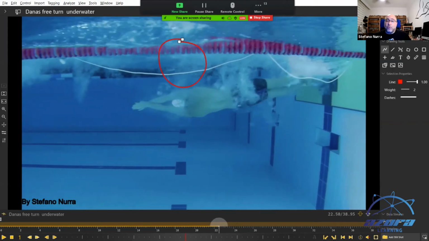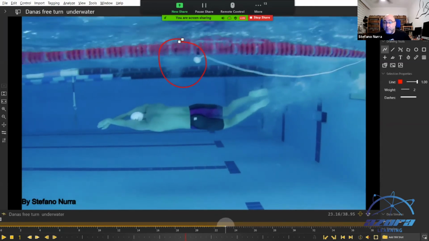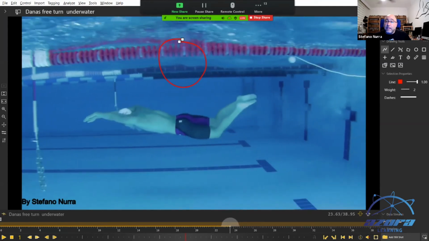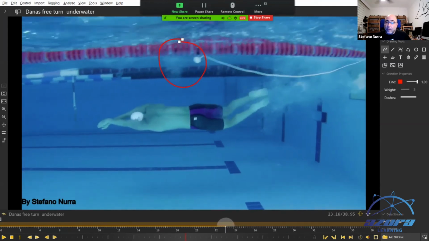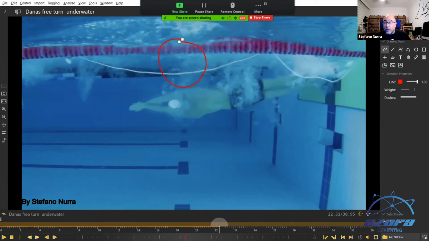It's impossible to say you have to go 50 or 60 centimeters, but it's around this measure. The swimmer here is going a little bit deeper. But at least we have to go deep around this measure, not less, because otherwise the swimmer can crash into the wave.